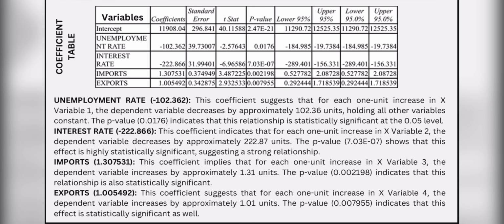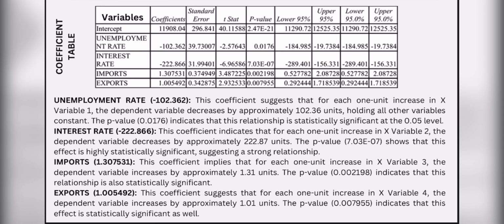That means the unemployment rate is negatively impacting the GDP of our country. The individual p-value is 0.0176, which indicates that this relationship is statistically significant at the 0.05 level.